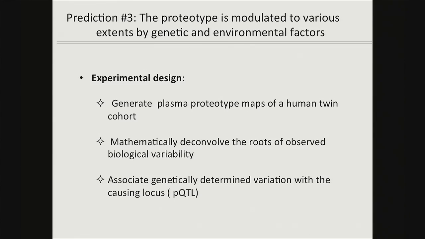There are other factors which act on the plasticity of this proteotype, and we would like to know which effect is genetic and which effect is from environmental factors, for instance, age, living conditions, and so on.